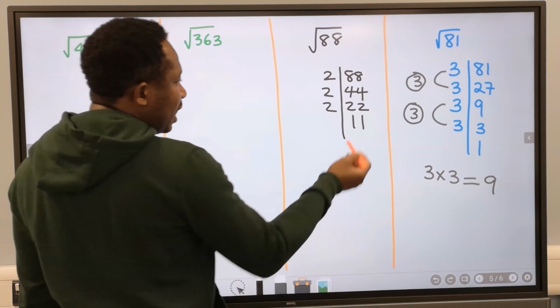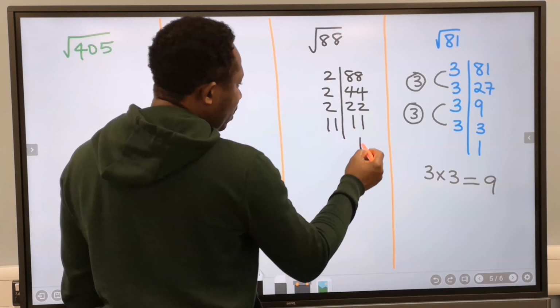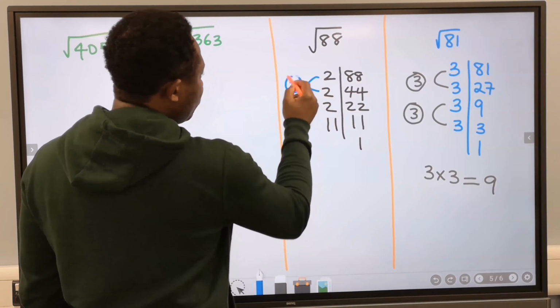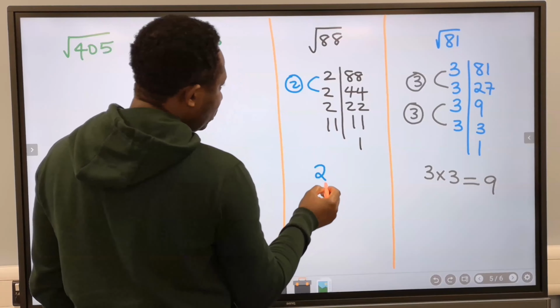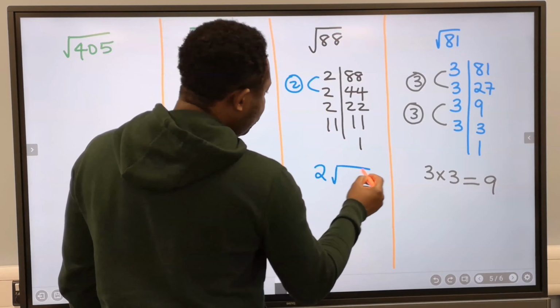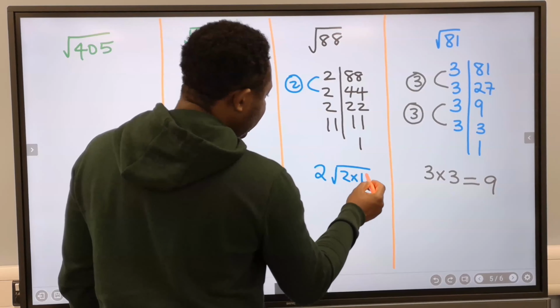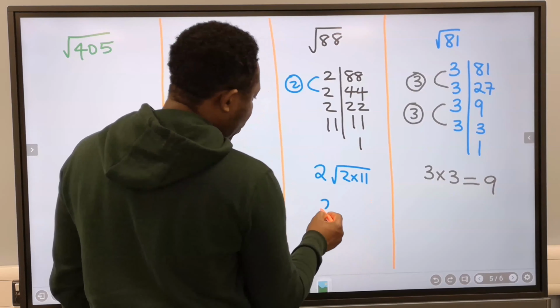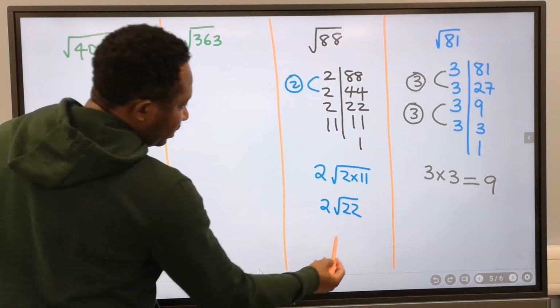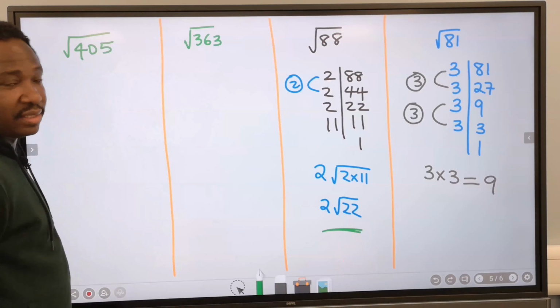The only thing that can go into 11 is 11 to give us 1. Next, this will pair, and this is free. So we are going to have 2. These 2 can't pair. And we are going to put the 2 of them inside the root. And our answer is, and this becomes our answer.